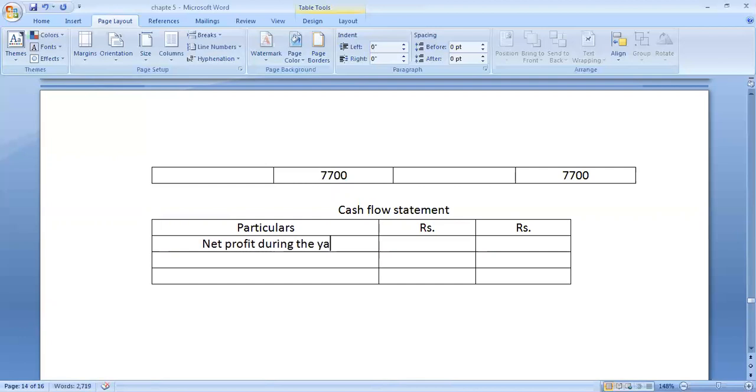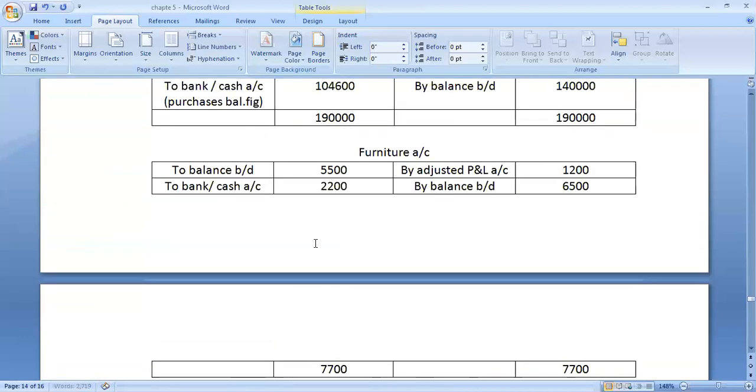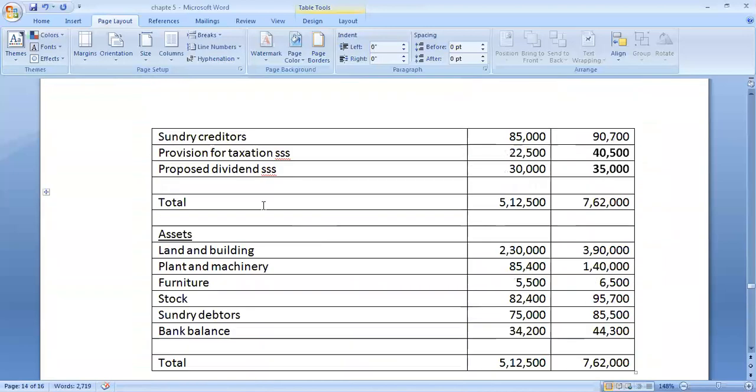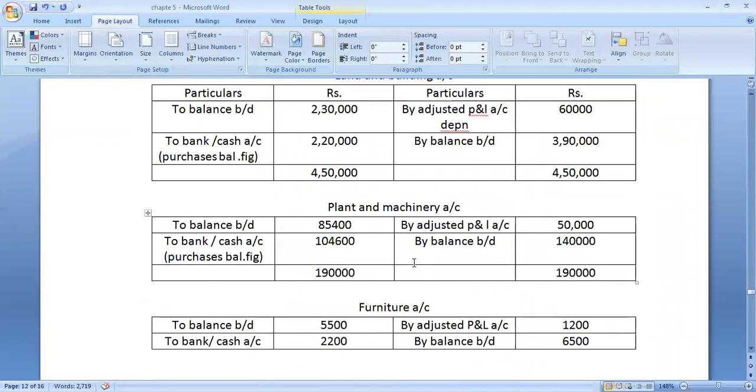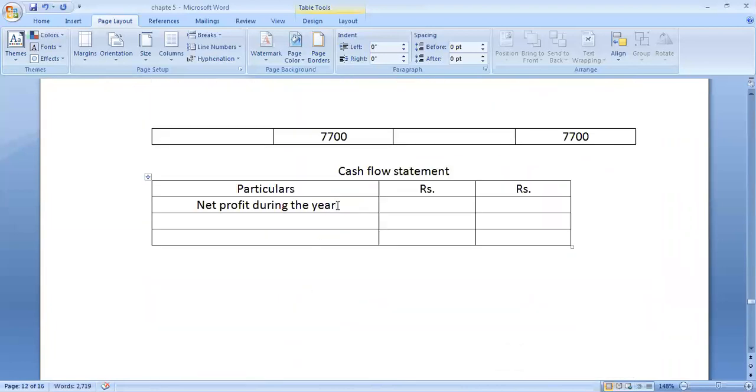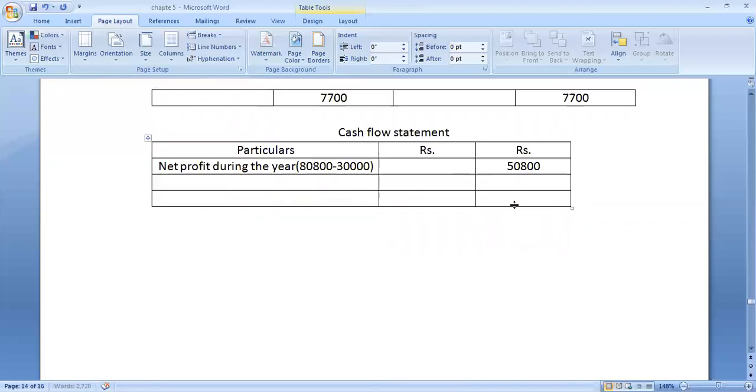So what is the value of net profit you got? Profit and loss account is 30,000 and 80,800. So minus it, which is 80,800 minus 30,000. So what will be the value? You will get 50,800.